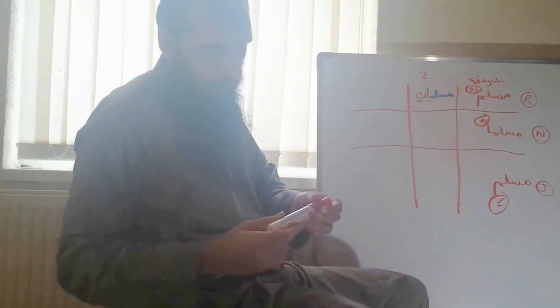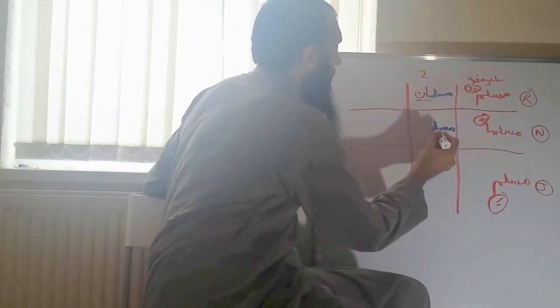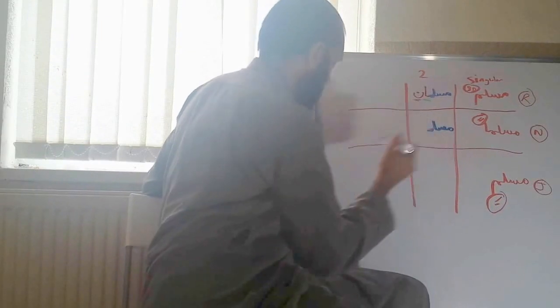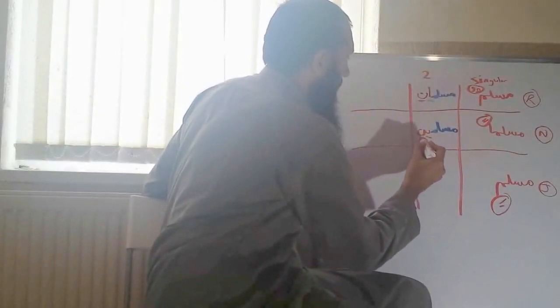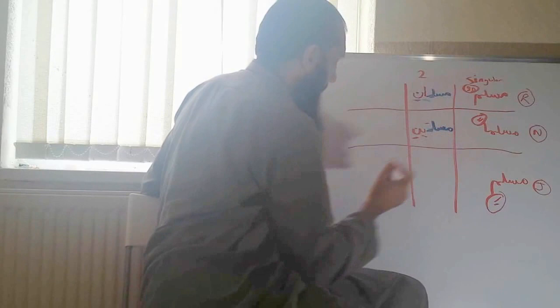The change that happens is with this alif. That's where the change happens. So in the rafa it's Muslimani, and in the nasb it is Muslimaini.